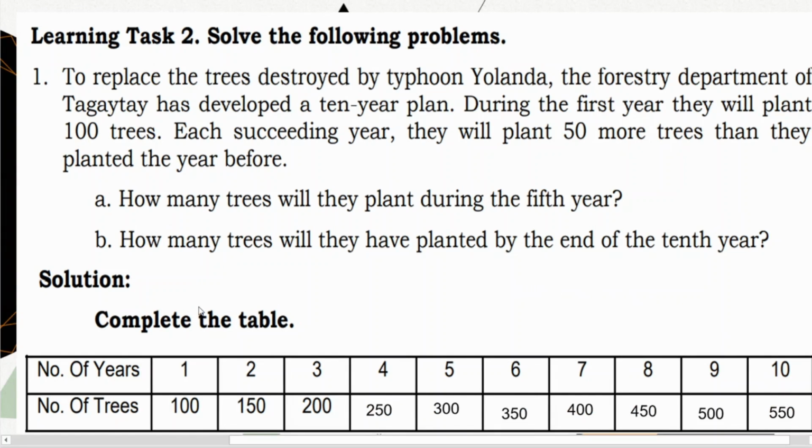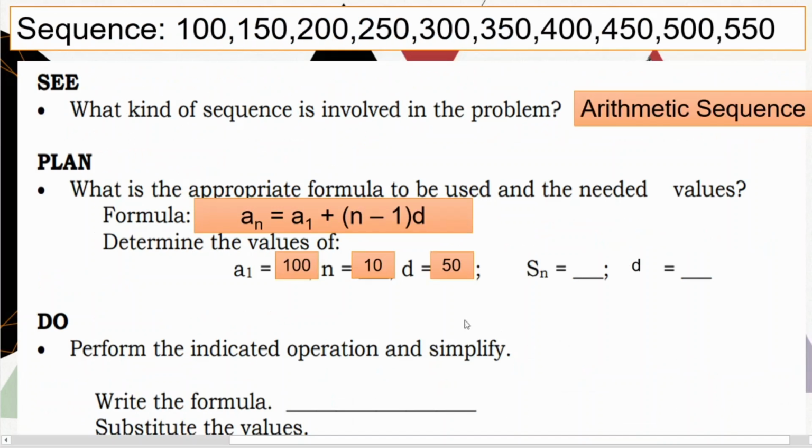So in here, we just need to complete the table. 100, 150, 200, 250, 300, 350, 400, 450, 500, 550.